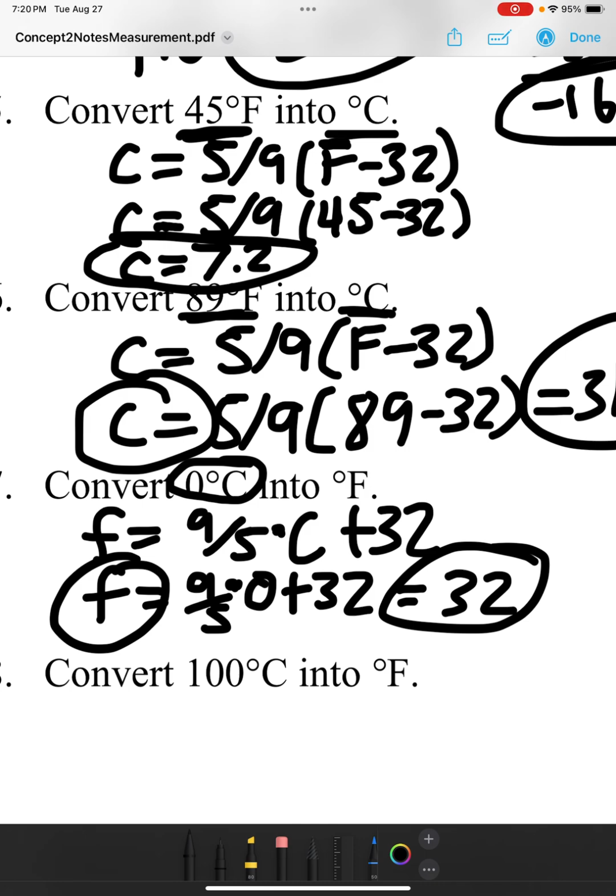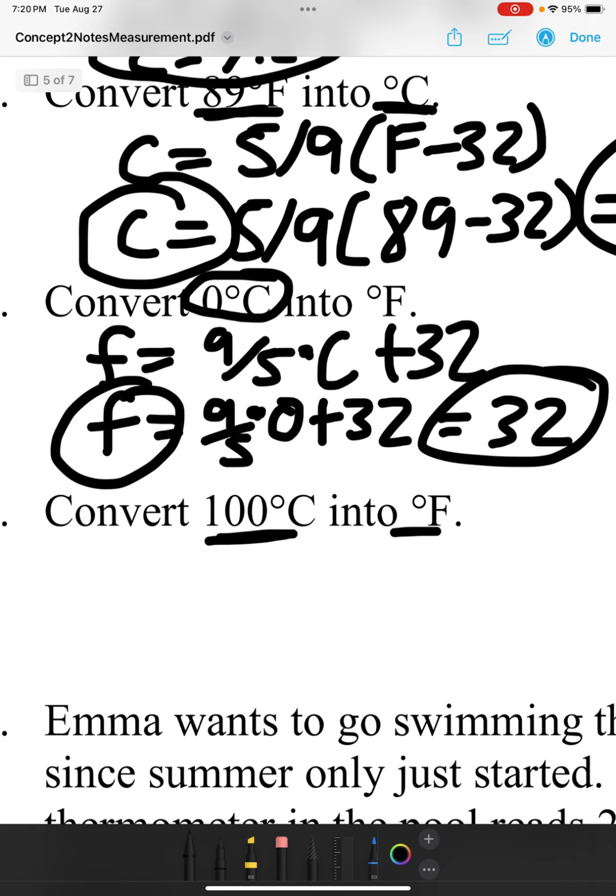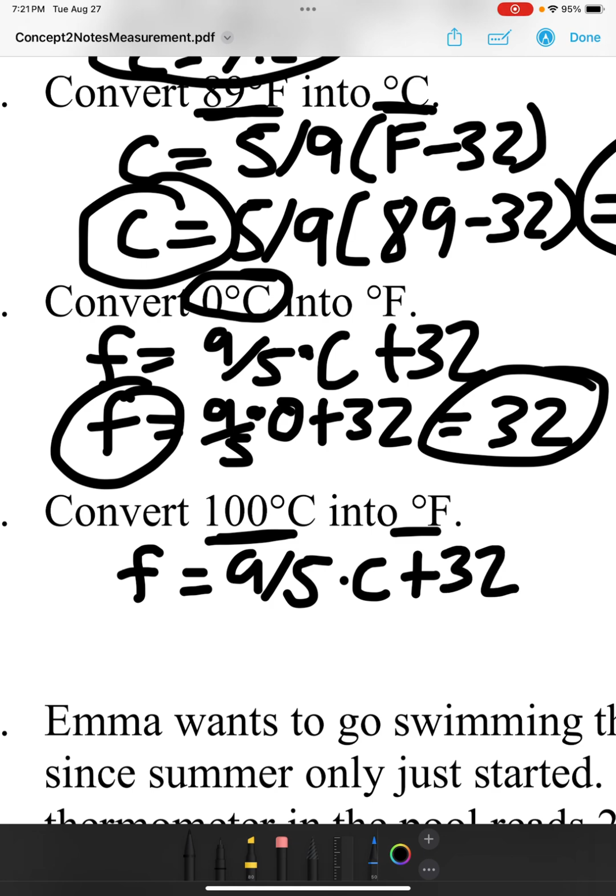Okay, the next one is Celsius into Fahrenheit, so it's the same process as the last one. So we're going to use the same formula because this formula allows us to input it as Celsius, and it allows the output to be Fahrenheit.